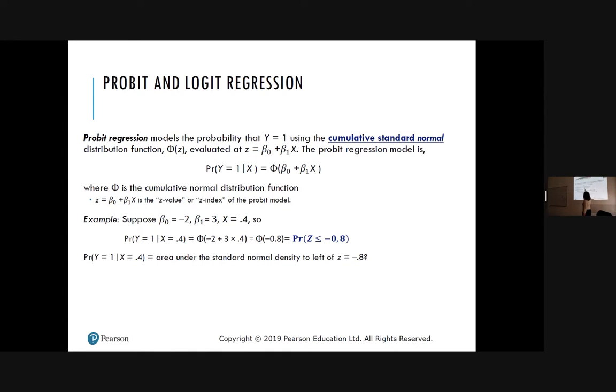And then we can write that the probability that y is equal to 1, instead of being beta 0 plus beta 1 x, is the cumulative distribution function evaluated at z equal to this value. And this is a value that we can estimate. Okay? We can estimate beta 0, beta 1, but still the effect on the probability of being denied depends on x.